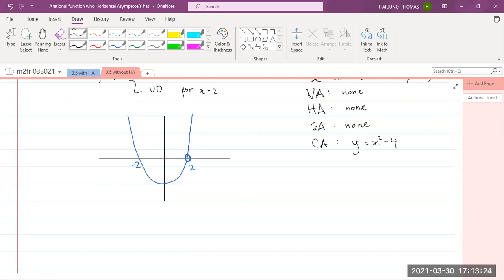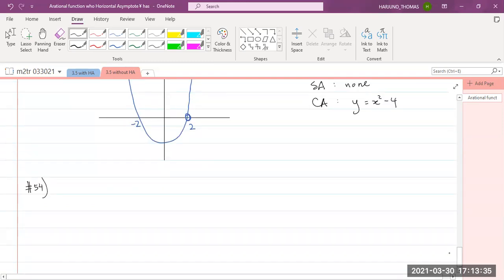Okay, last one. We have approximately 10 minutes left. Let's think about number 54, so we go backward right now. Number 54, they give us the ingredients of the graph of the function: the vertical asymptotes are x equals -1 and x equals 3, the horizontal asymptote is y equals 2, the x-intercepts are (-2, 0) and (1, 0), and there is a hole at x equals 0.